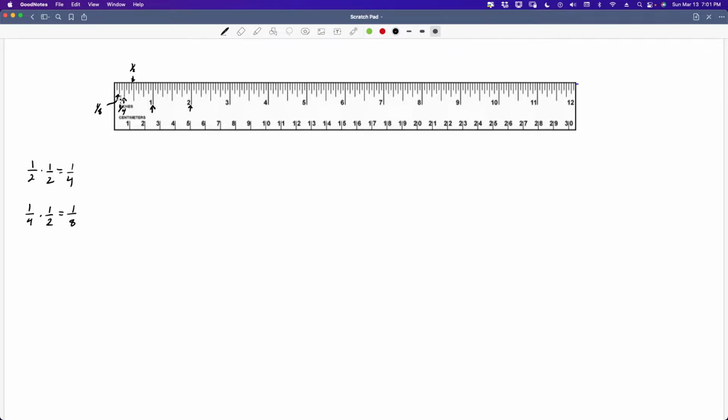And finally, we get down to the shortest line that is dividing the 1/8 of an inch in half. That little line right there is going to be 1/8 times 1/2, which is 1/16. So we have an inch divided into 16 equal parts.